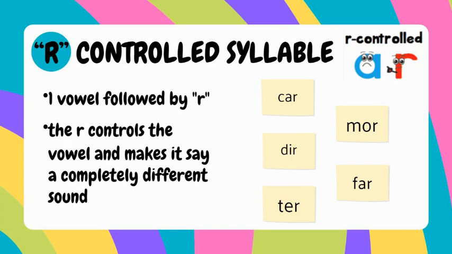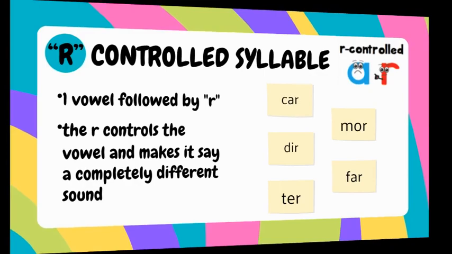So it's not going to say cay-r, right? We have that C, and they know that that A and R is going to make a different sound. Okay, car. All right, and that pretty much is what we see here with these other examples as well. The R takes control and it makes that vowel do something different.